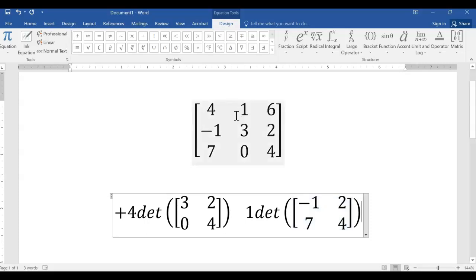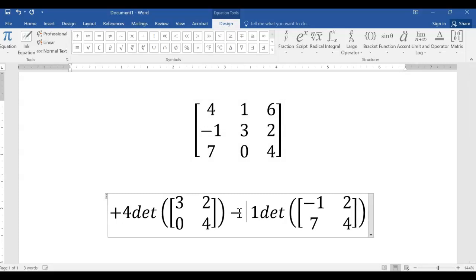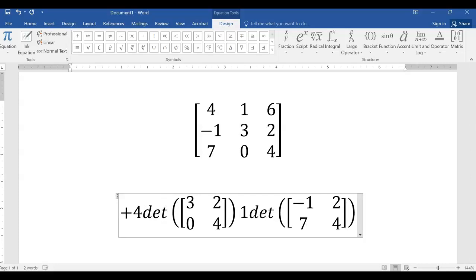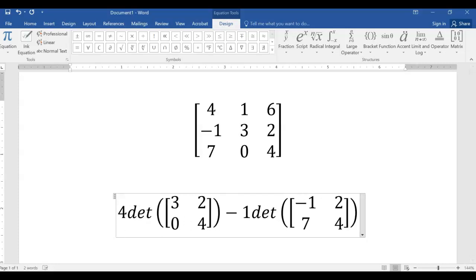Now, since 1 is in row 1, column 2, 1 plus 2 adds to 3, that means I'm going to get a minus out in front of here. So we got 4 times the determinant of that submatrix minus 1 times the determinant of that submatrix.